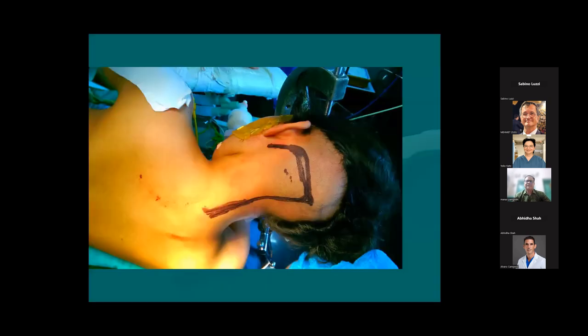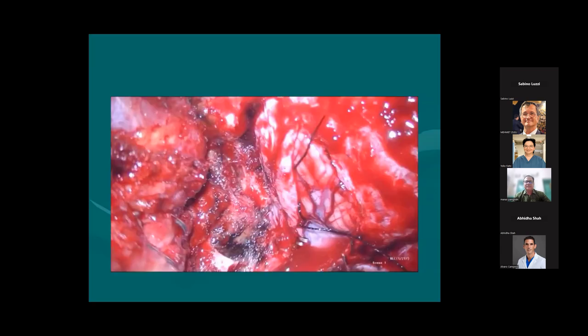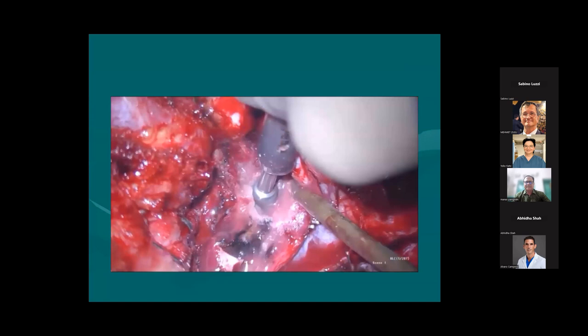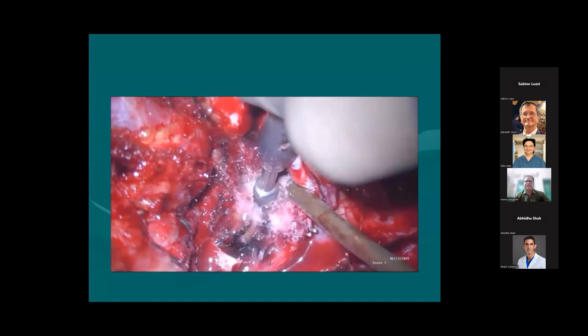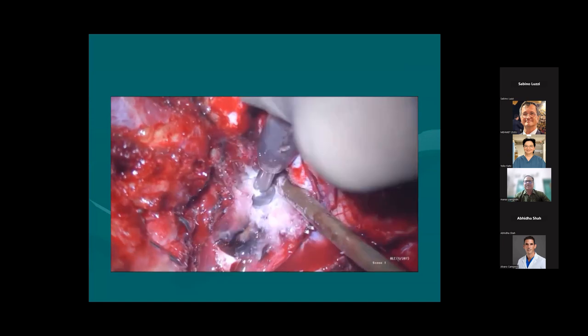So this patient we do in lateral position. This is the incision we do. We reflect the whole flap as a single layer, not with three layers, and then do a retrocondylar dissection. The posterior third of the condyle is dissected till the condylar vein is reached.